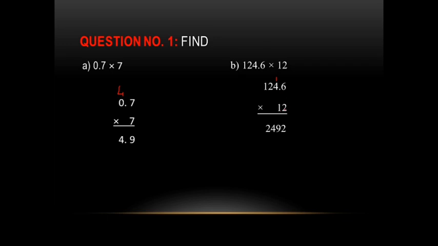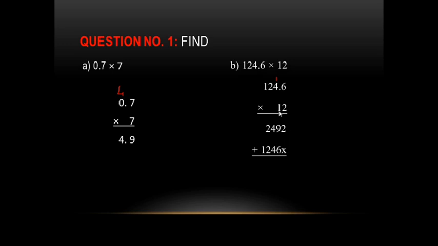Then next, multiply with 1. So 1 into 6 is 6, then 1 into 4 is 4, 1 into 2 is 2, and 1 into 1 is 1. Here we have to write the cross first and then perform the multiplication, which means we write the cross after the unit place.